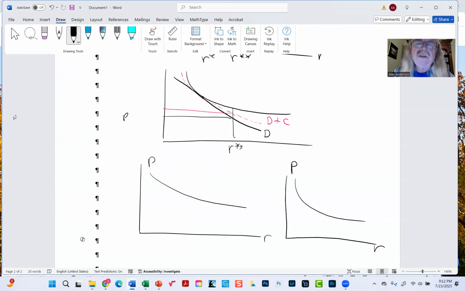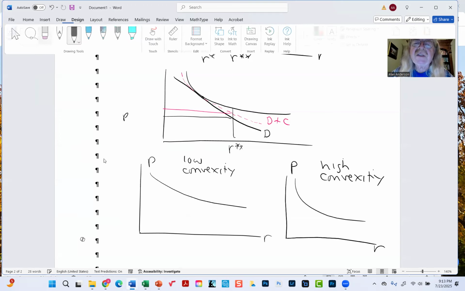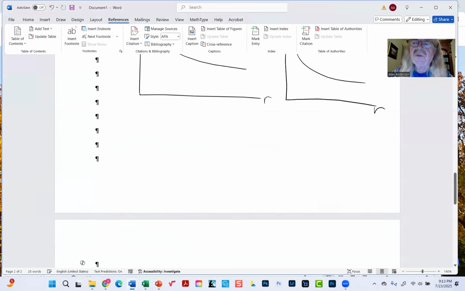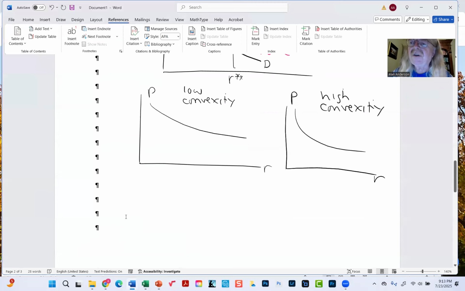So you can see the one on the left has a very low convexity. It's almost a straight line, okay? And then the one on the right has a very high level of convexity. Most likely, the one on the left is probably a very short maturity bond, let's say a year or something in that neighborhood.